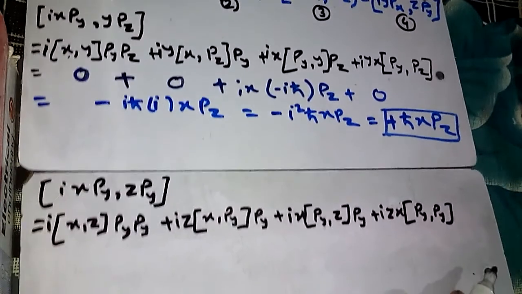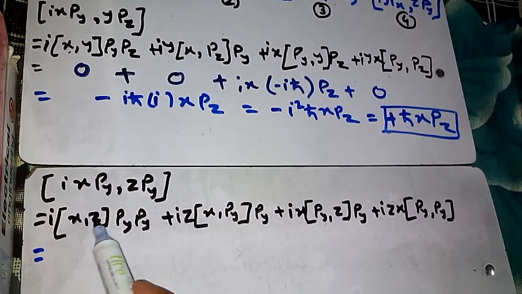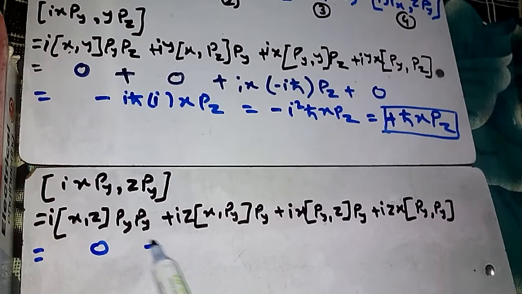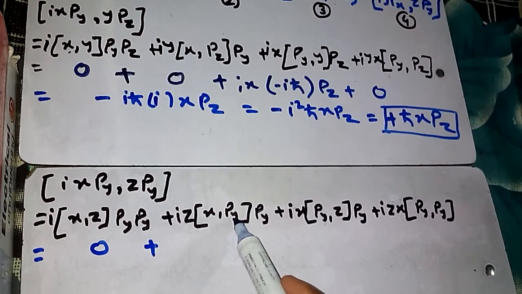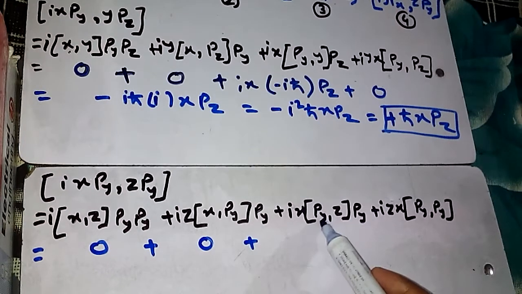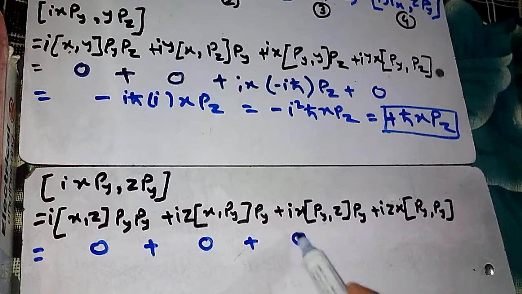Now again, if you see my last video, you will see that commutation relation of two position operators is 0, so the whole term is 0, plus here it is the x component of position and it is the y component of momentum, so this term is also 0, plus this is the y component of momentum and this is the z component of position, so this term is also 0.